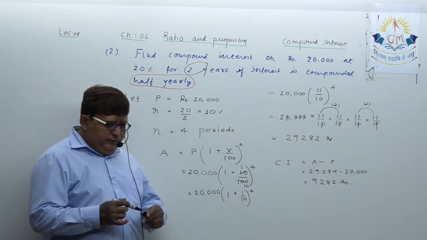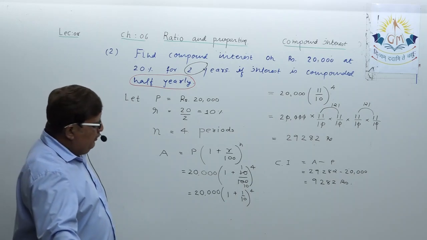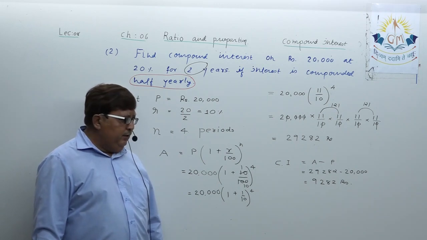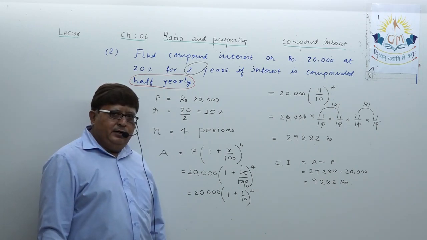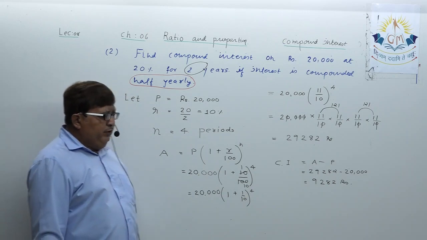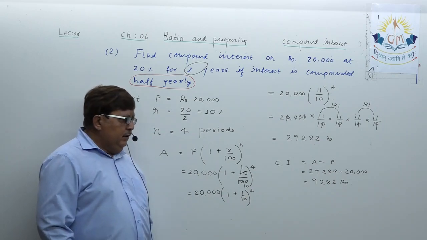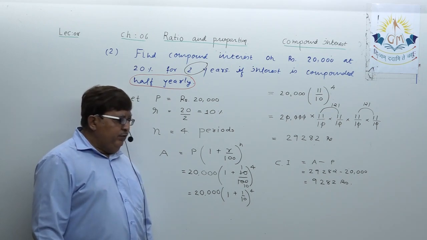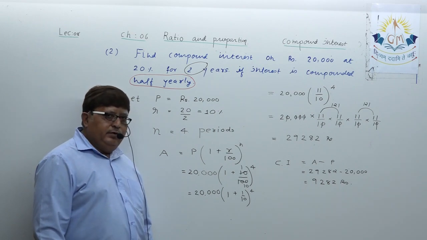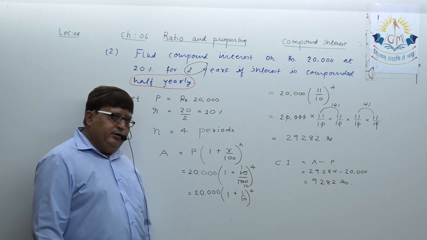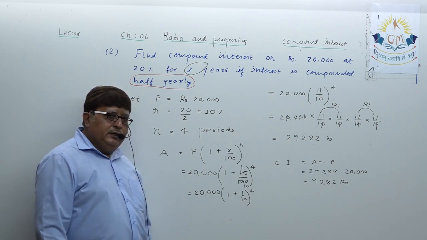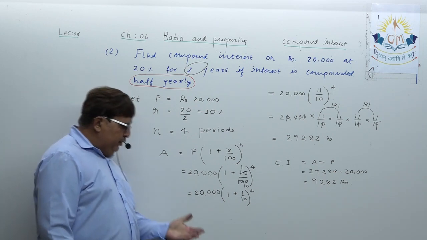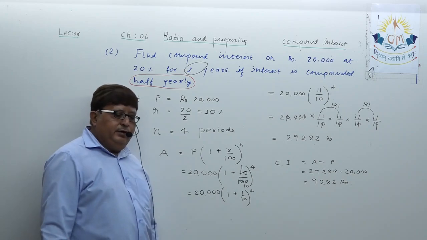So can you understand one very simple aspect, that the money lender has lent only rupees 20,000, and he was receiving how much interest in just a short period of 4 years? 9,282 rupees. Okay, because the interest is counted here in this particular example half yearly.